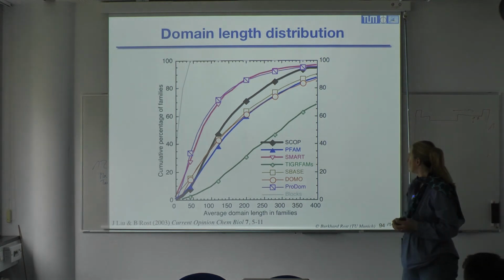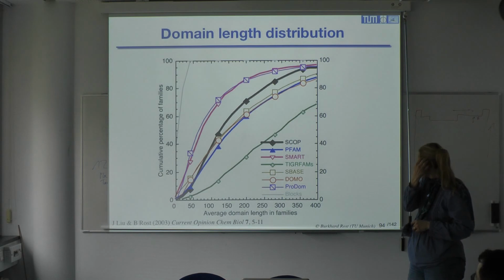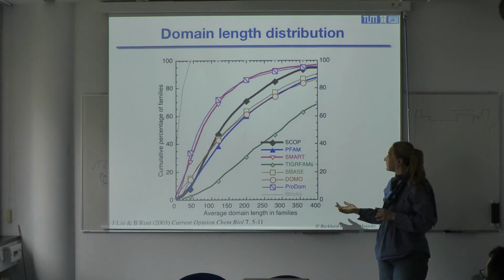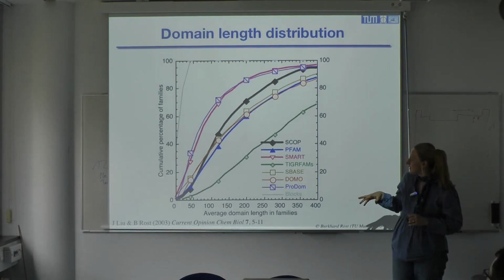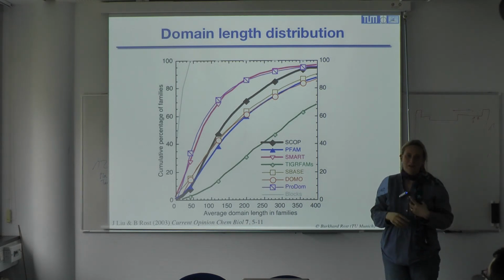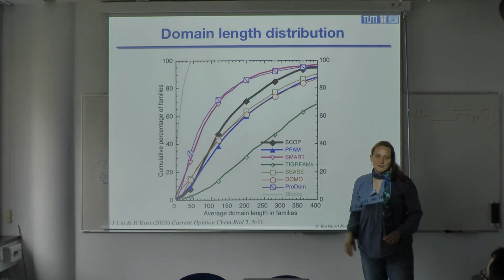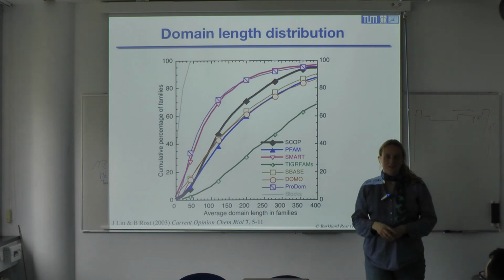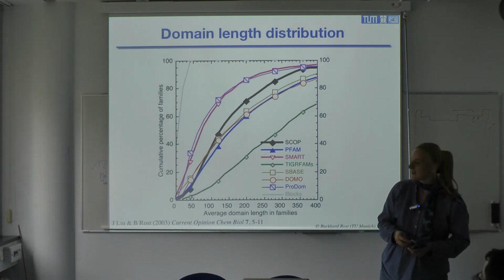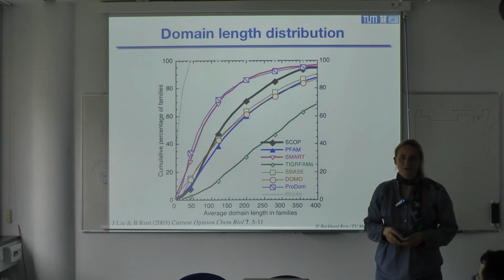Okay, and this is just an interesting thing to look at. Different ways of defining domains come also to different views on how big the domains are, etc. So Prodom, Domus, Mars, COP, etc. are all databases that collect domains, and they apparently all have their own specific view on that.